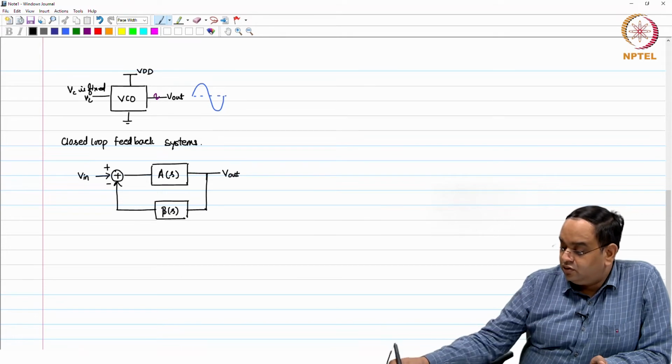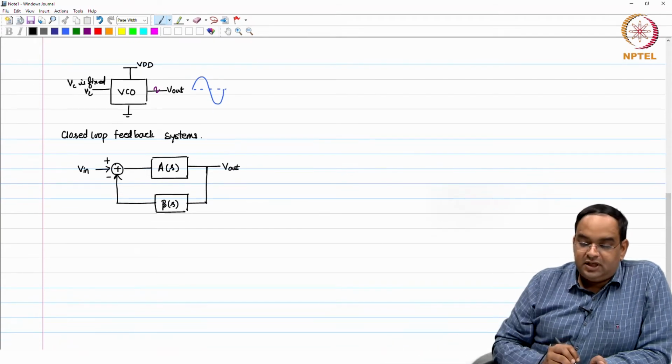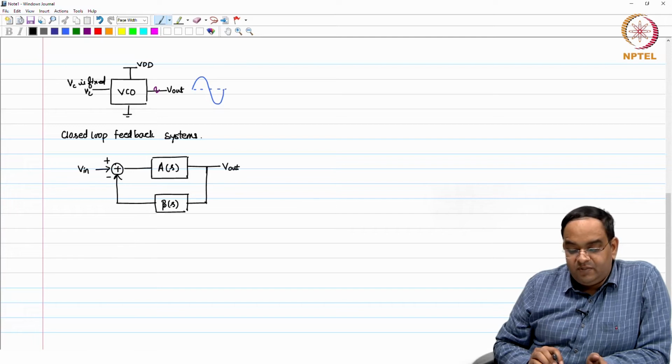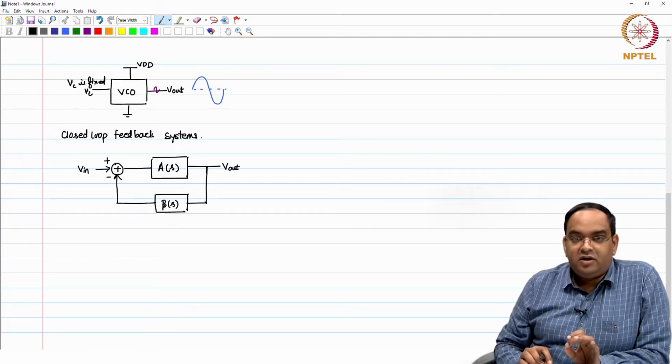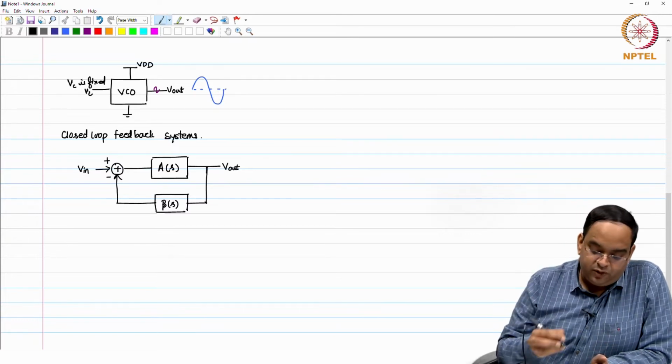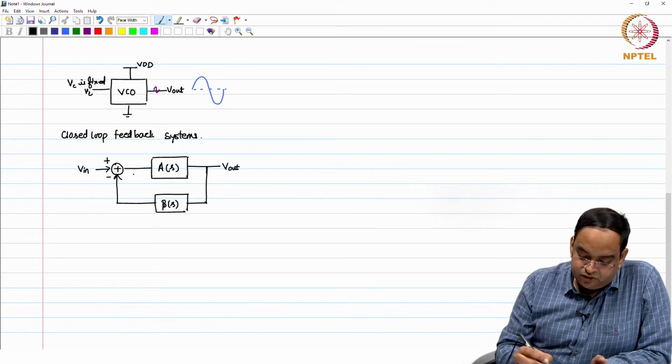Okay. So, this system will become self sustainable, without any input, under given conditions. So, what is that? First we look at the loop gain of this system.